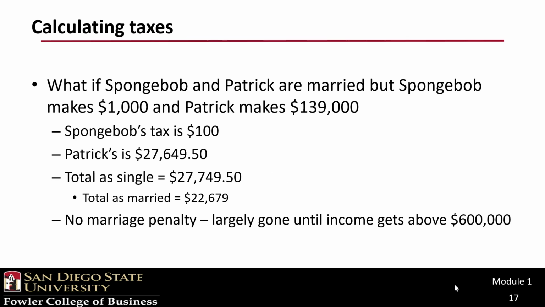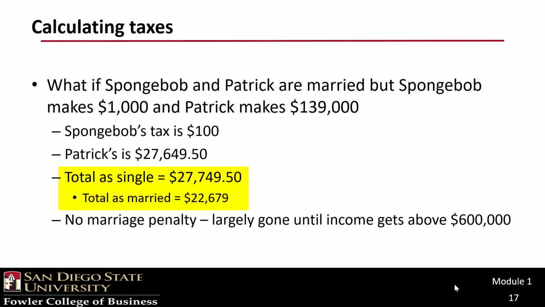So what if instead SpongeBob and Patrick are married, but SpongeBob makes $1,000 and Patrick makes $139,000? So we're in a situation where one of the spouses makes substantially more than the other. SpongeBob's tax would be $100. Patrick's tax would be about $27,600. So if they were to file as singles, their total tax would be almost $28,000.